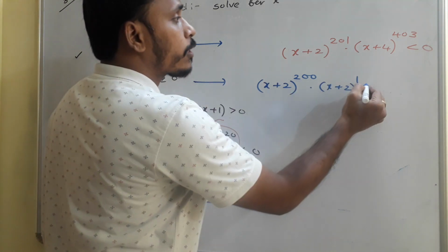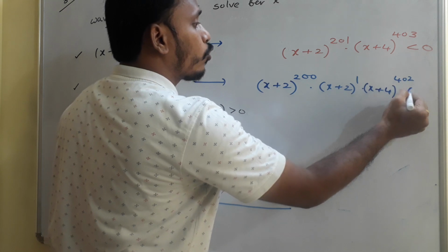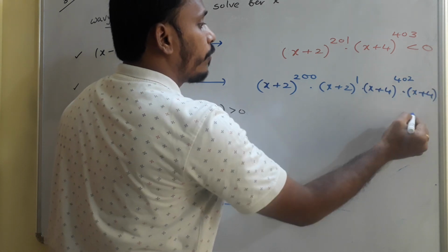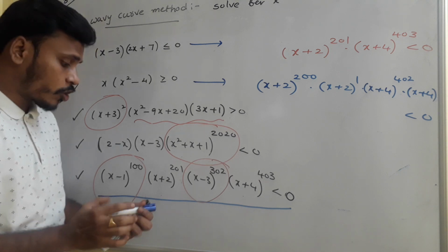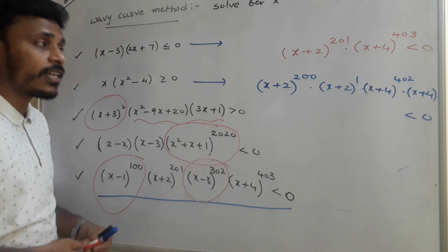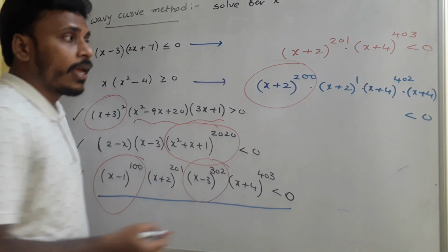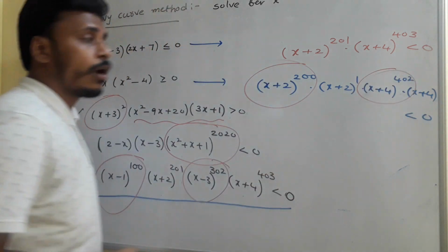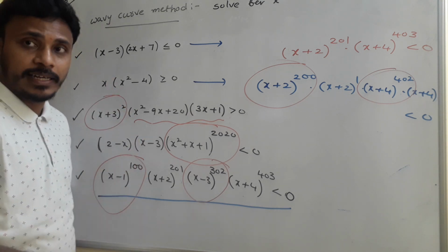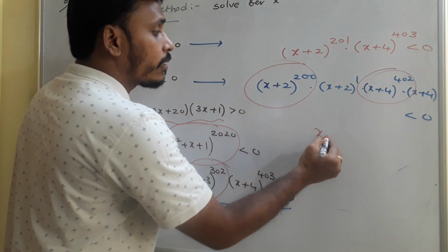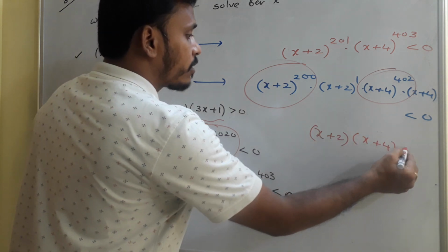And again this x plus 4 power 403 as x plus 4 power 402 into x plus 4, which is less than 0. Again pay attention. x plus 2 power 200, the power is an even number, and again this is a positive quantity, neglect. x plus 4 power 402, power is an even number, again it is a positive quantity, neglected. Then the problem will become like this: x plus 2 into x plus 4 less than 0.